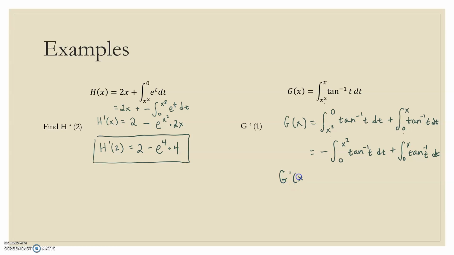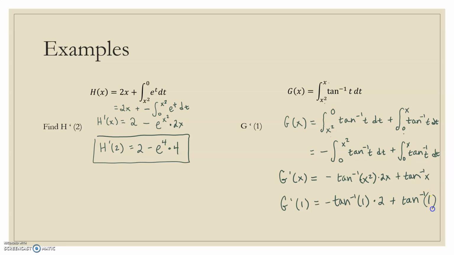So I'll take the derivative of g, and I have negative tangent inverse of x squared times 2x, is the chain rule, plus tangent inverse of x. So now g prime of 1 would be negative tangent inverse of 1 times 2 plus tangent inverse of 1.